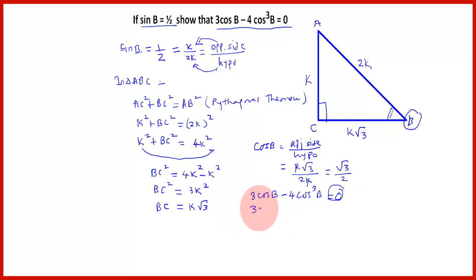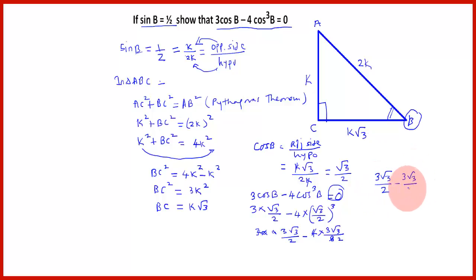So 3 into cos B, which is root 3 by 2, so it will be 3 root 3 by 2 minus 4 into cos cube of B. So it will be root 3 by 2 its cube, that is 4 into root 3 into root 3 into root 3, upon 2 into 2 into 2. 4 twos are 8, 4 ones are 4, and so you get 3 root 3 upon 2 minus 3 root 3 upon 2, which is equal to 0, and so LHS is equal to RHS.